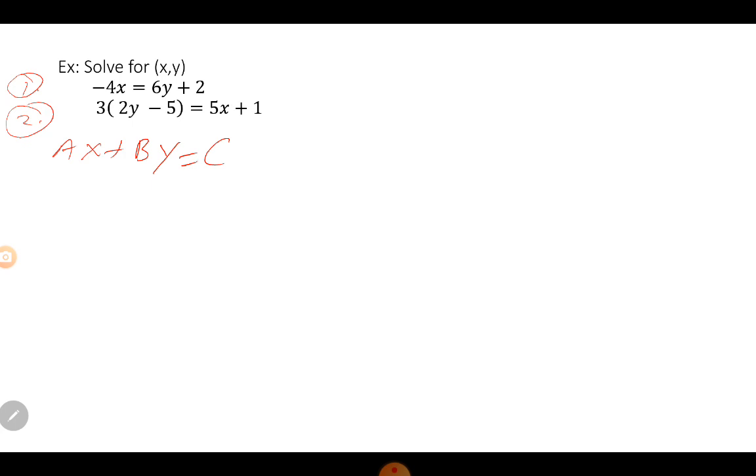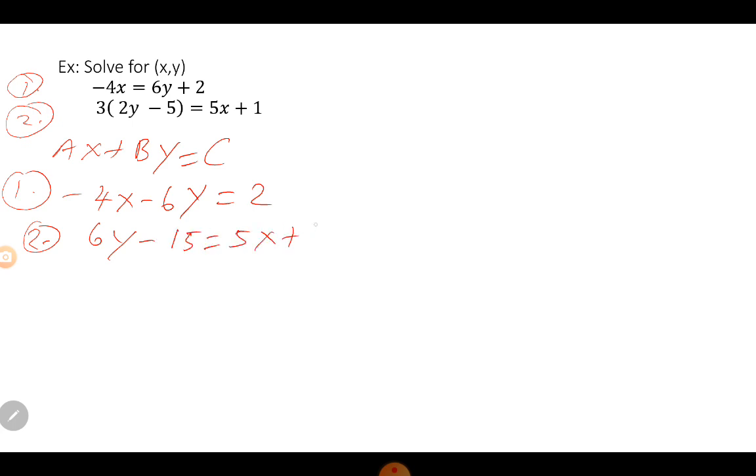So in the first equation, I can just subtract 6y from both sides. So minus 4x minus 6y is equal to 2. So now that first equation is in the form I want it to be, ax plus by equal to c. And now this second equation, use distributive property first to get 6y minus 15 is equal to 5x plus 1.